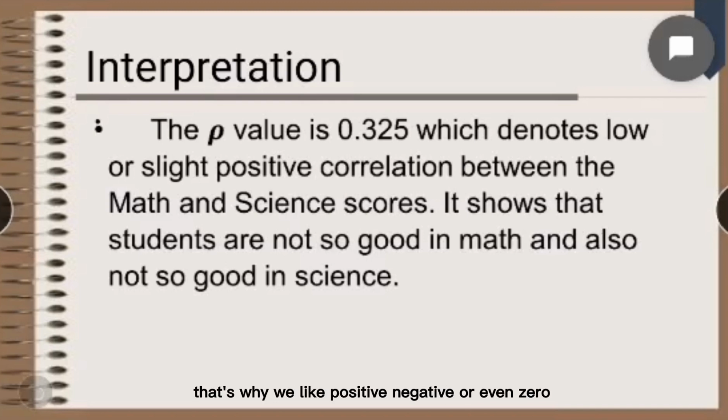That is why wala tayong positive, negative, or even zero. But we still have to measure its strength, and its strength is low or slight positive correlation. So if you have listened to Miss Yoko's part of the report, you will know where to see this denoting of low or slight positive correlation.